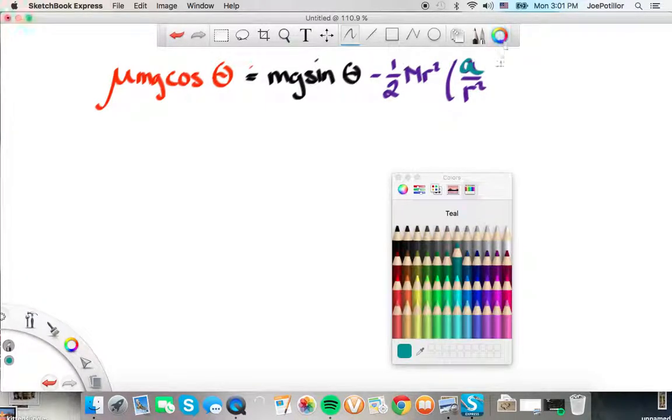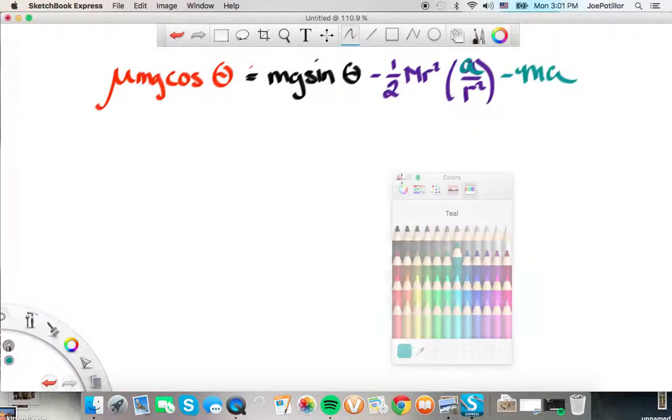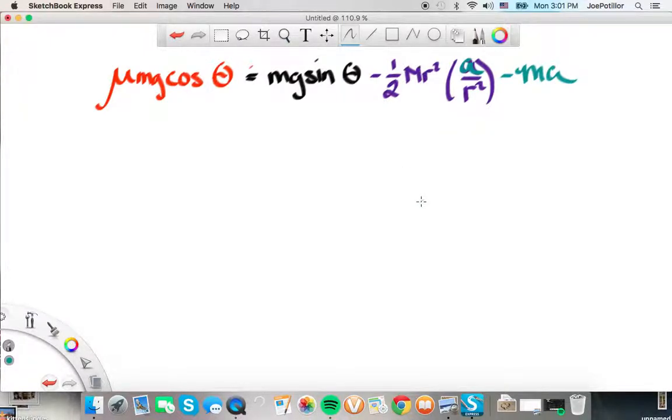Big M, by the way, illustrates that it is the mass of the pulley and not the mass of the block. And of course, minus little m times a. The r squareds are exactly the same, so they cancel.